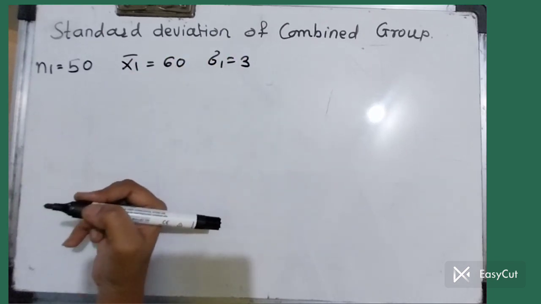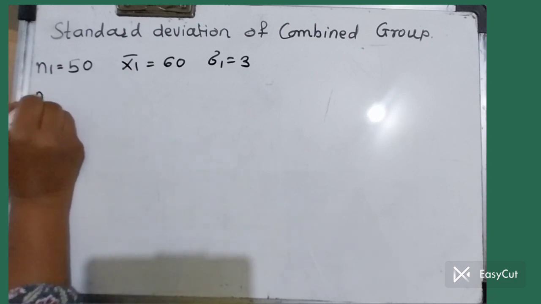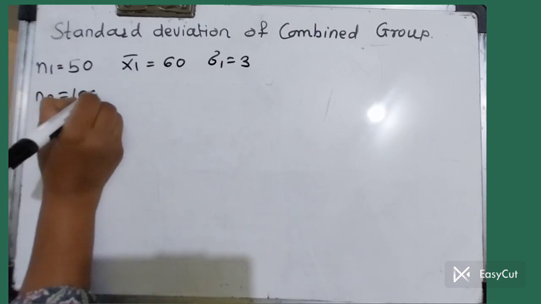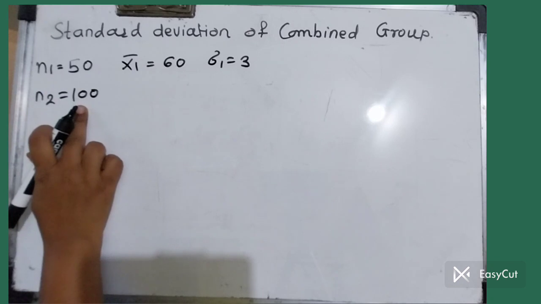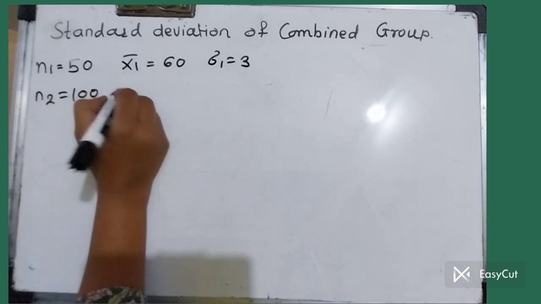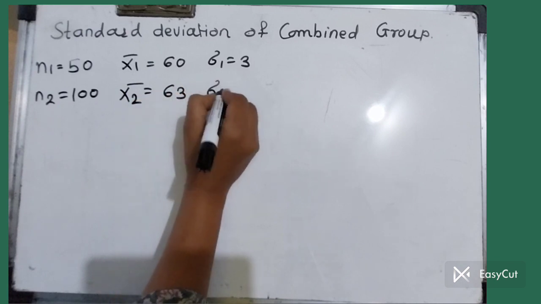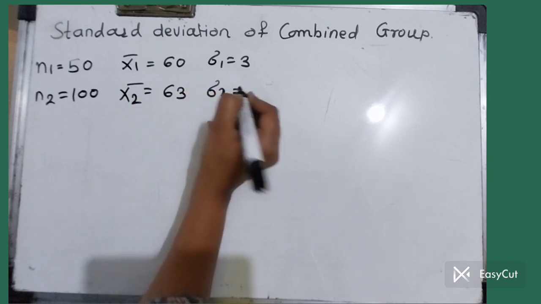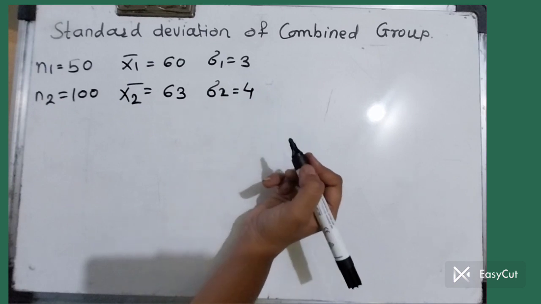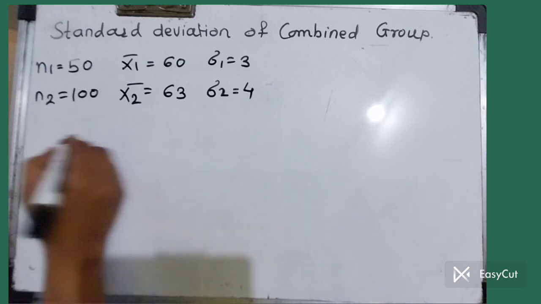For another set of 100 atoms, another set means N2, the size of the group, the mean and standard deviation are 63 and 4 respectively. Find the mean and standard deviation of the combined group.